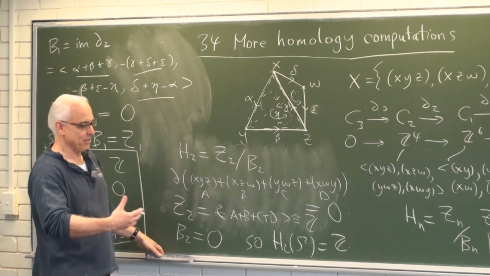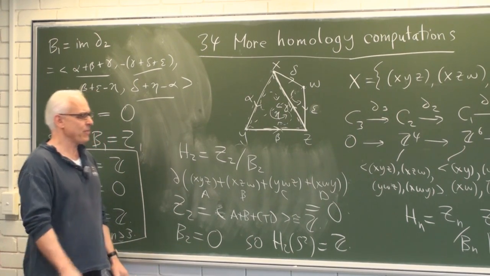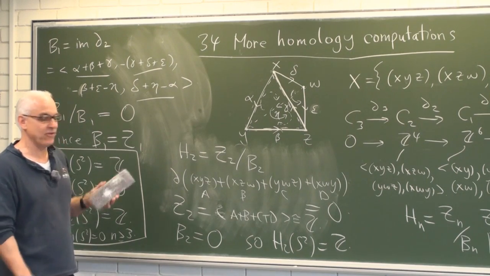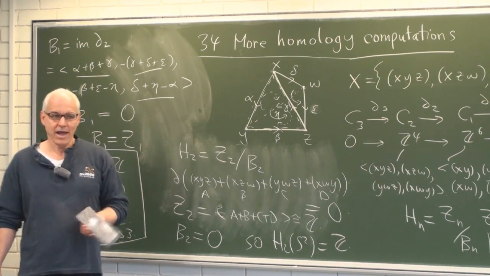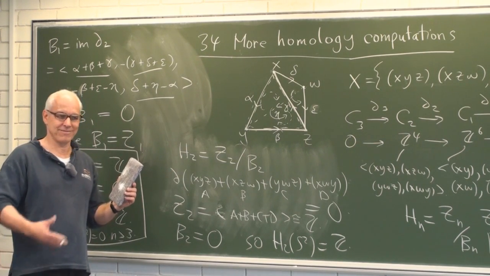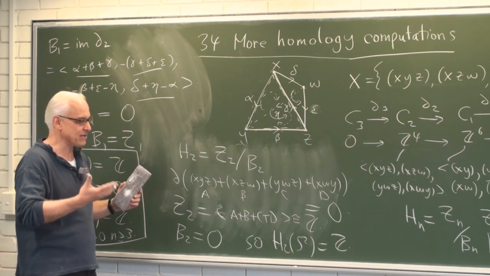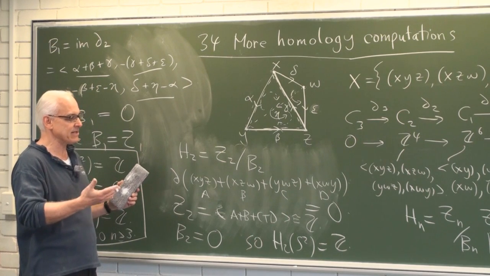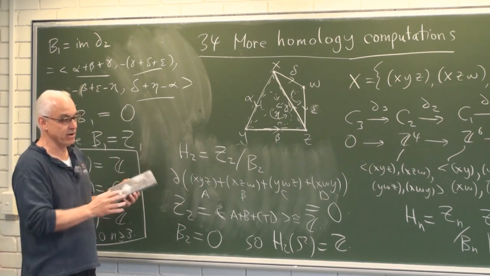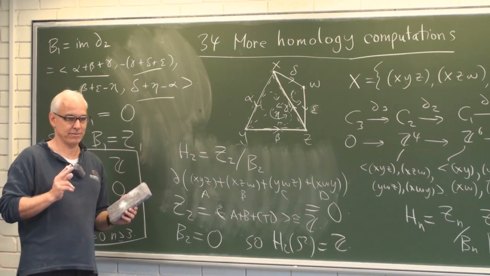Well, we would like to compute some more homology, so it's worthwhile thinking about whether we can do this in a simpler way. And it turns out there is a much simpler way of thinking about the kinds of ways we're representing spaces as simplicial complexes that makes computations like this one much simpler.